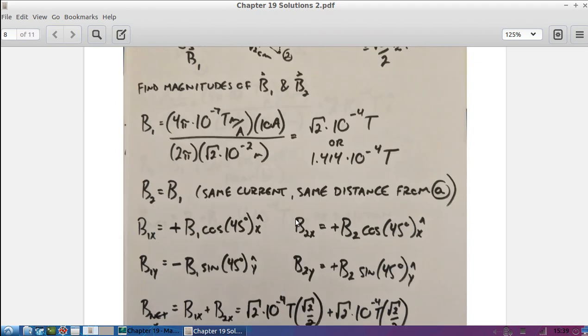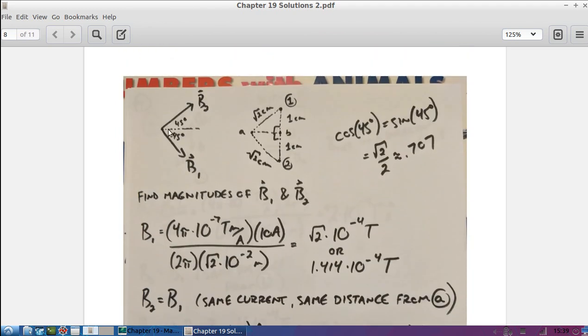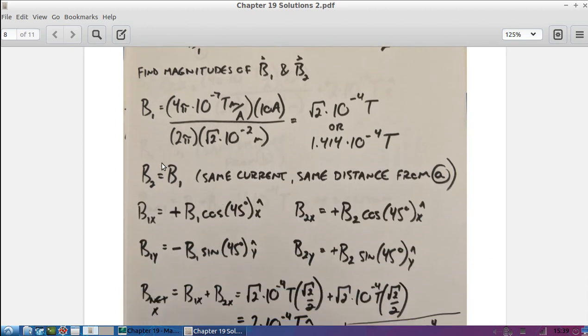Now what happens in the y direction? B2 in the y direction is B2 times the sine of 45. That's the vertical component. B1 in the y direction is B1 times the sine of 45. The cosine of 45 is equal to the sine of 45. It's root 2 over 2. So B2's y component is positive, B1's y component is negative.